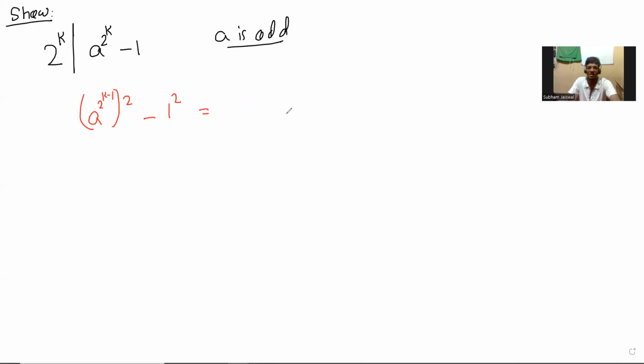I know it's simple, but please tell me. It's a to the power 2 to the power k minus 1, minus 1. And so this is just the a square minus b square formula.